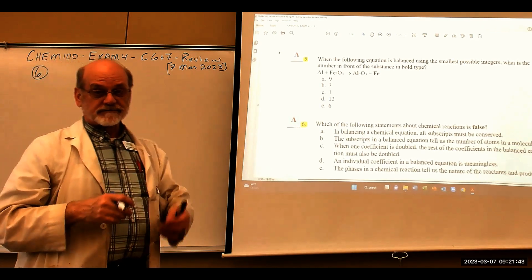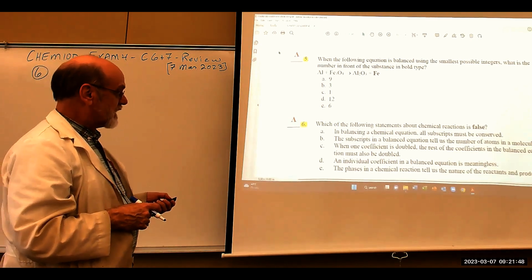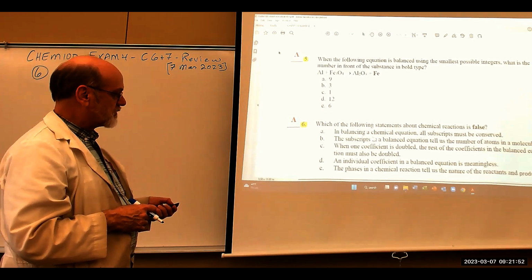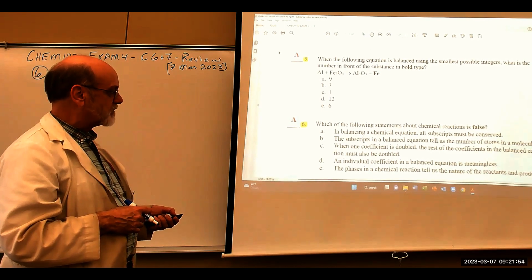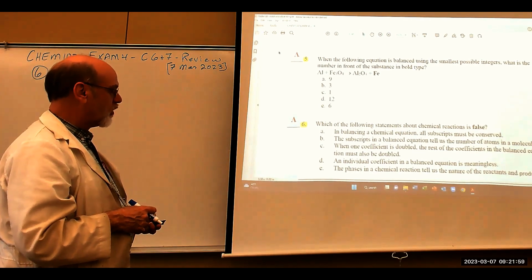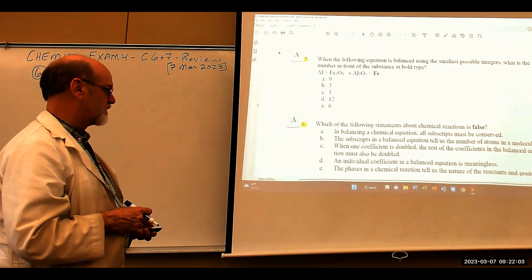It's a different version, the same answer but a different version. This one is definitely false, right? We've discussed that one before. B, the subscripts in a balanced equation tell us the number of atoms in a molecule. That's true. C, when one coefficient is doubled, the rest of the coefficients in the balanced equation must also be doubled.